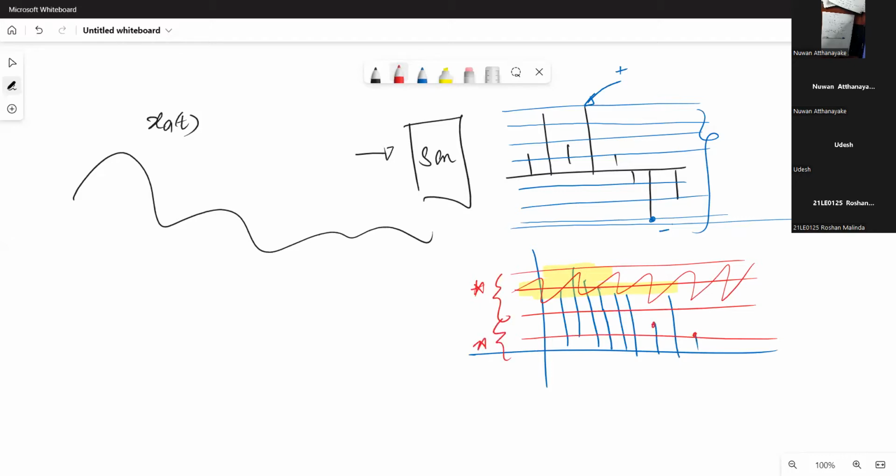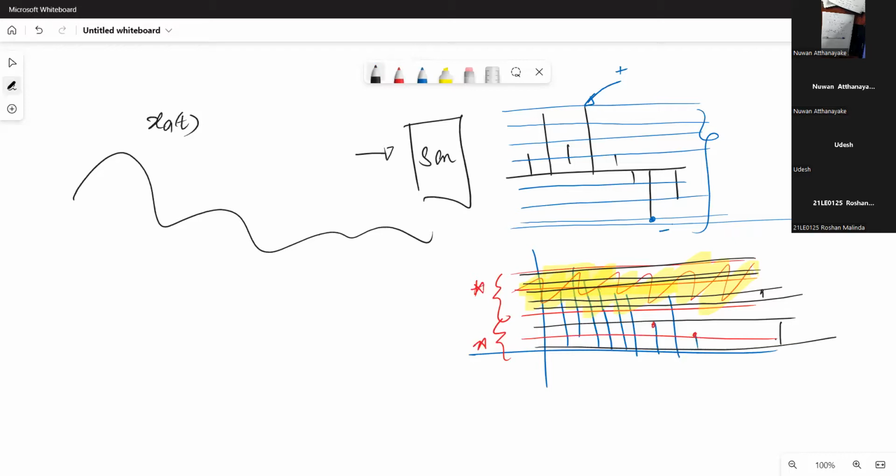So in this yellow shaded area, we can have a higher number of quantization levels like this, so the difference between two consecutive levels is very small. Here you can have a larger quantized spacing. Everything depends on the distribution of the samples.